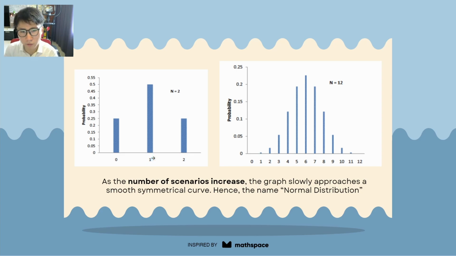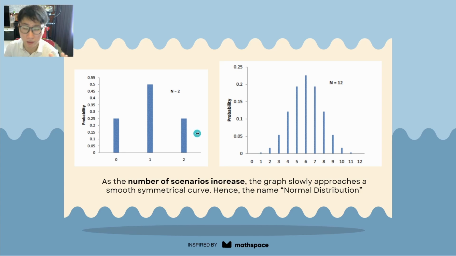As you stray away from the mean, which is 1, it decreases in probability. As you stray away to the right side, it also decreases in probability, and it's equal. You can see that the probability of getting 0 heads and 2 heads is both 0.25.